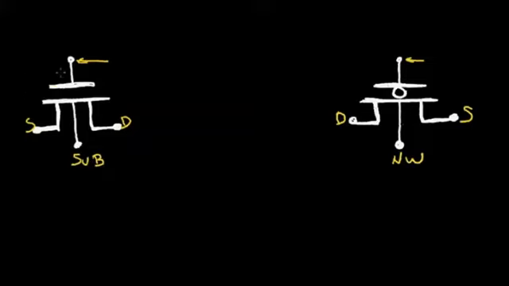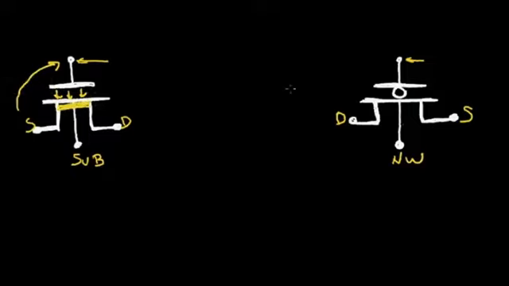For example, when I increase the gate voltage relative to the source, I like to think of forming an electric field here that inverts the channel region, and I get conduction between the source and the drain.